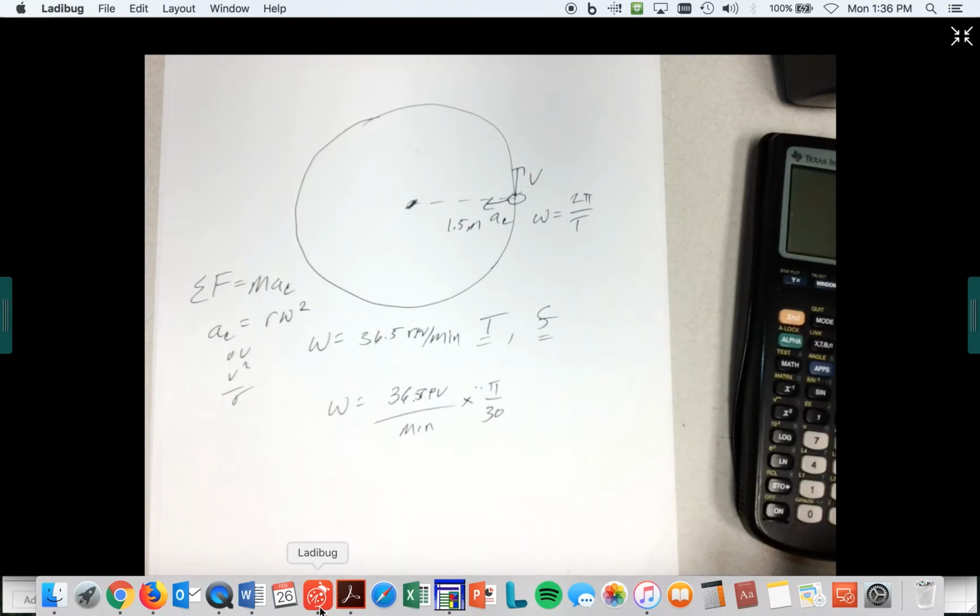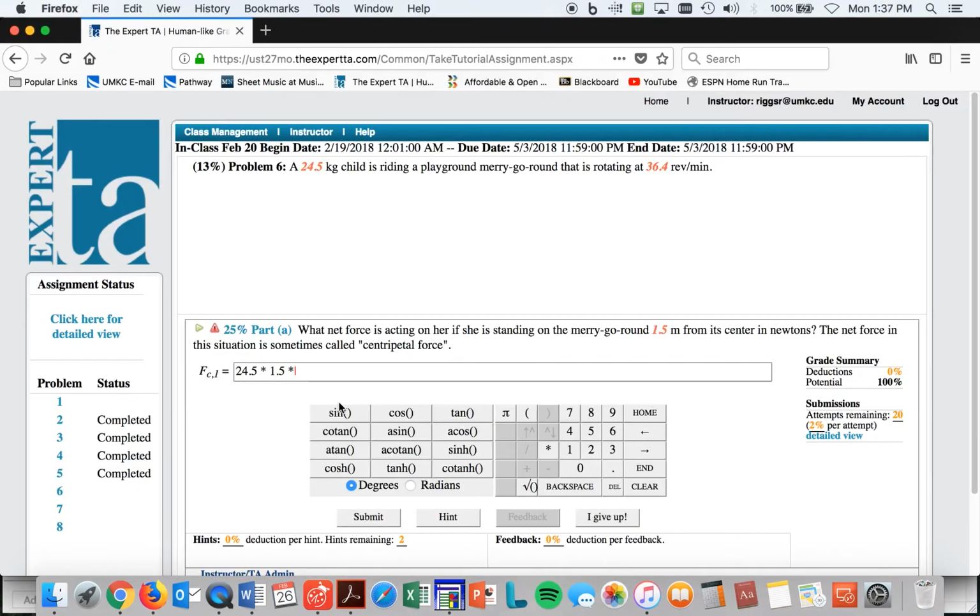Oh, I wonder if I can do it this way. I'm going to get fancy with this and say, okay, it's omega squared. So we're going to take 36.5 times pi, 3.14. Some of you are going, just do it the way you're supposed to.